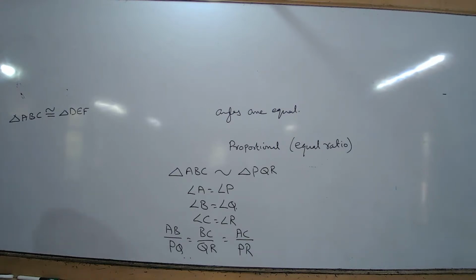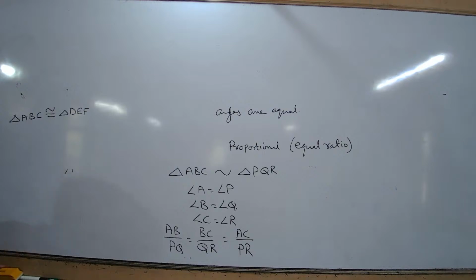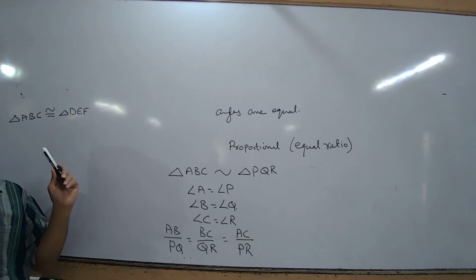The two lines, not straight line, is a symbol for approximation. Listen. What is written over here?